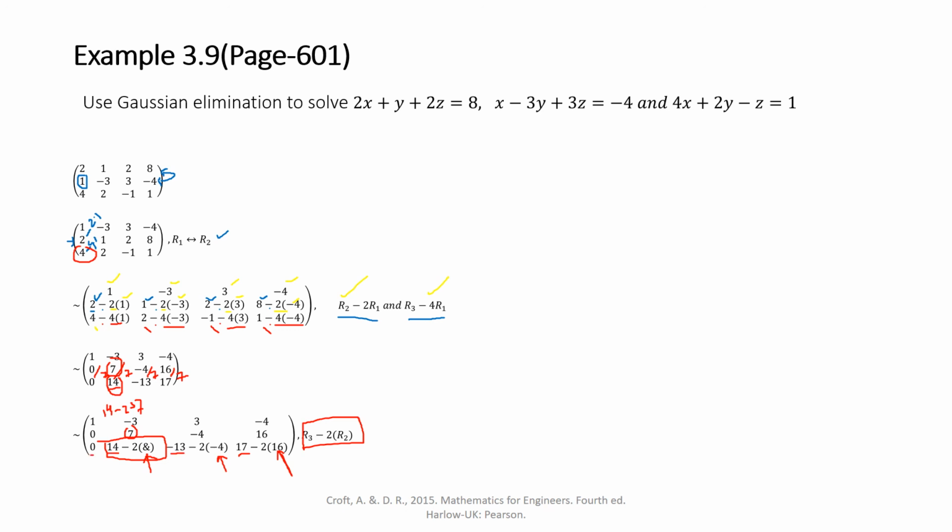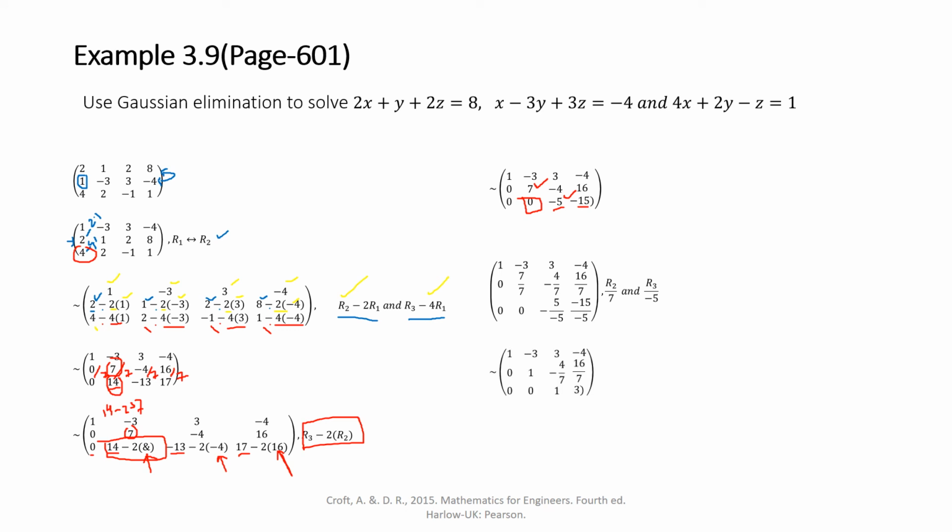So you don't need to do anything with the 0, because here it is 0, so again it will come 0. And now we produced 0 here, so we can easily make this one a leading one by division. I explained division before, and we can make this leading one by dividing by minus 5. So this divided by minus 5, this divided by minus 5, and it becomes this.